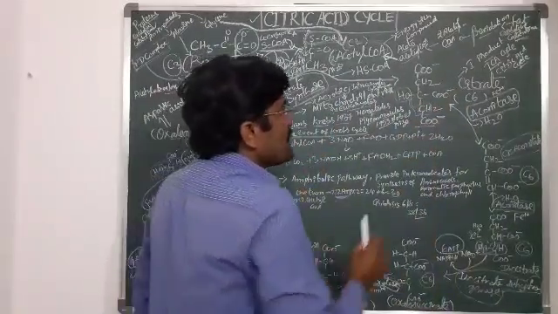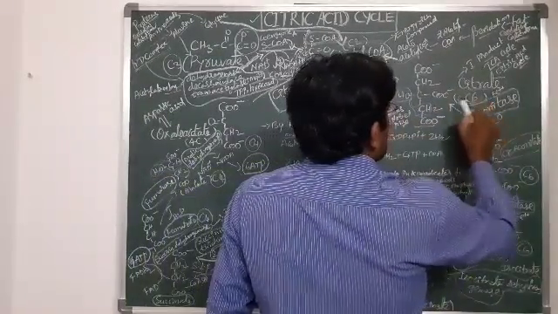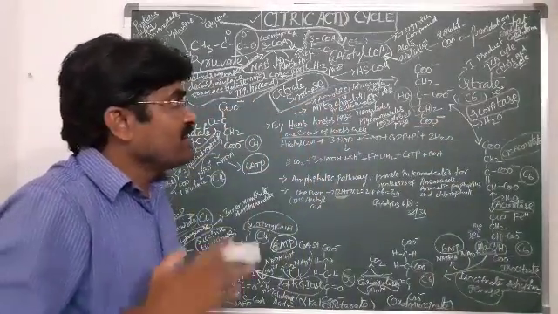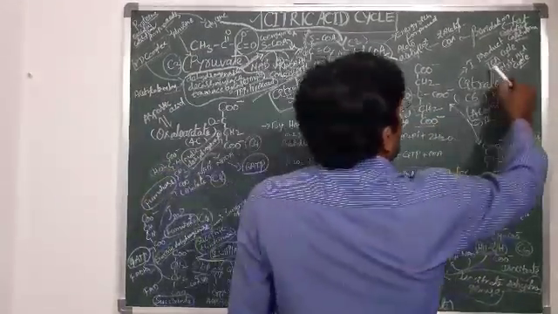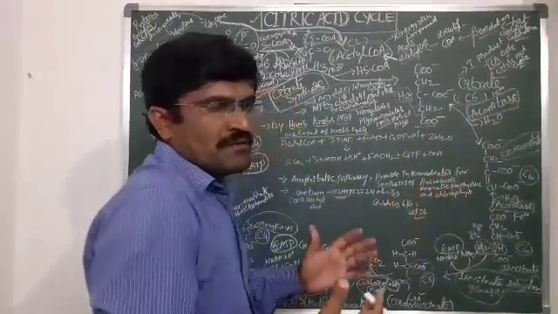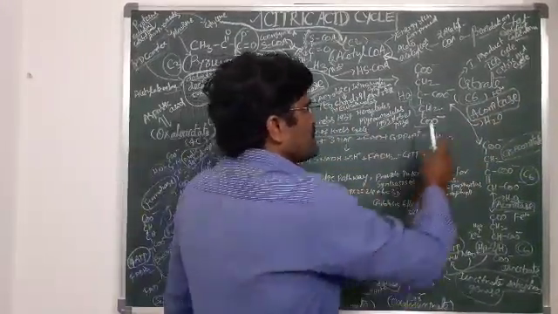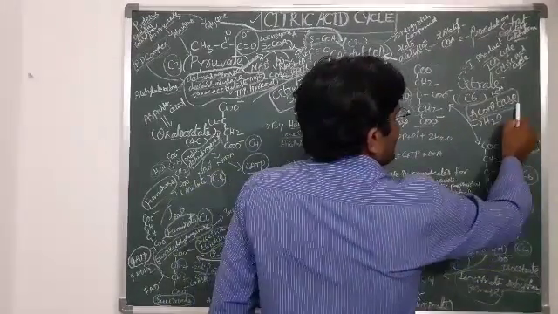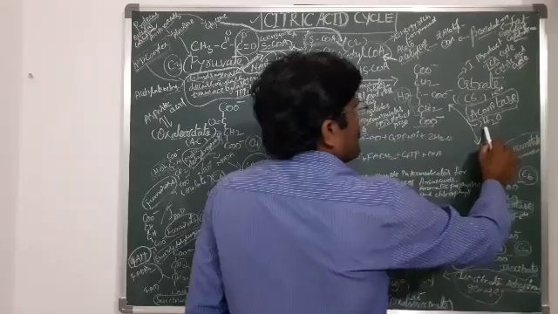So citrate, the 6-carbon compound, is the first product we get in the TCA cycle, and next there are some rearrangement steps. The citrate is converted to cis-aconitate with the help of the enzyme aconitase after removal of a water molecule.